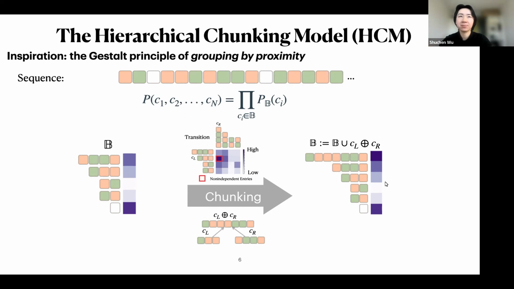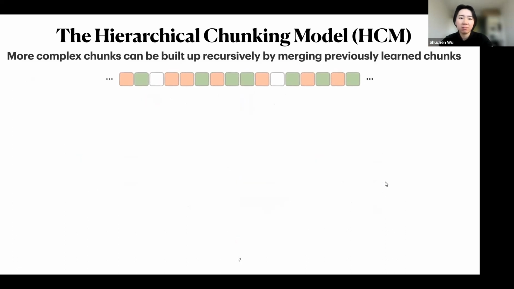To give you a demonstration of what the learning process looks like, you have the perceptual sequence, and the hierarchical chunking model builds up chunks recursively by merging previously learned chunks.